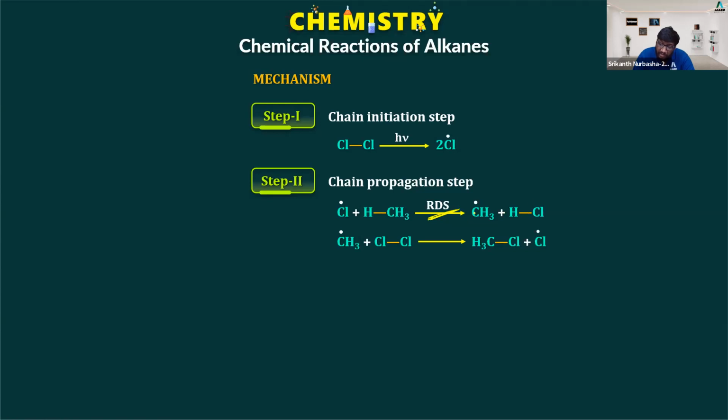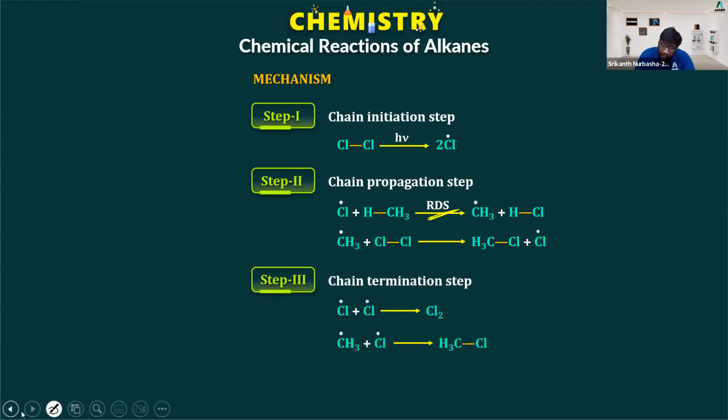CH3 dot plus HCl. CH3 dot will react with one more Cl2 to form CH3Cl and Cl dot. Chain termination: the chlorine free radicals will combine with each other to form Cl2. The methyl free radical can combine with Cl dot to form CH3Cl. And two methyl radicals can also combine to form higher alkanes.